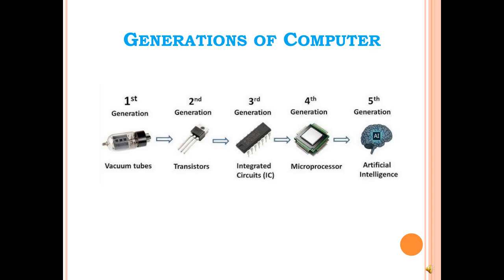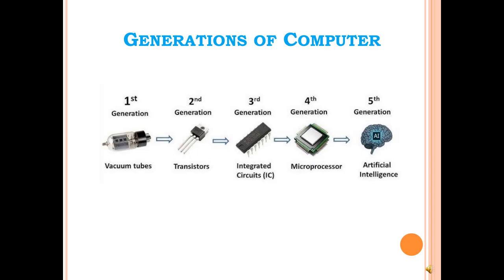They are available, but the functionality of each generation has taken place due to these components. And last but not least, the fifth generation is today's generation, the generation of artificial intelligence. It's a concept of different technologies.